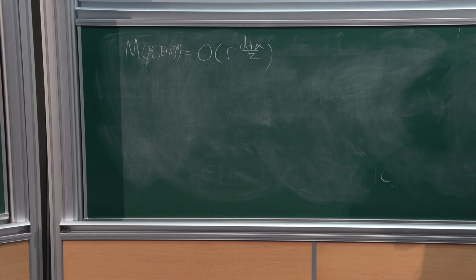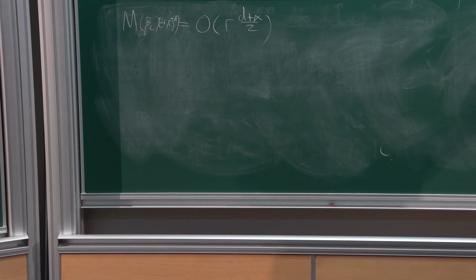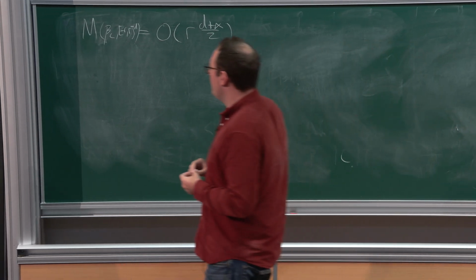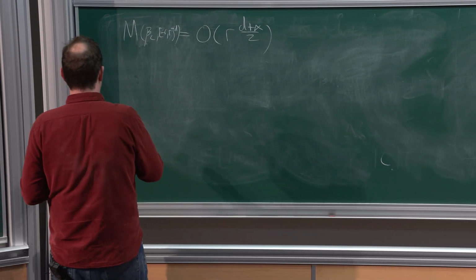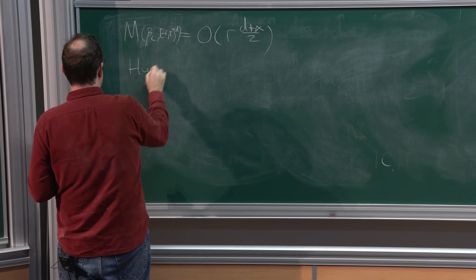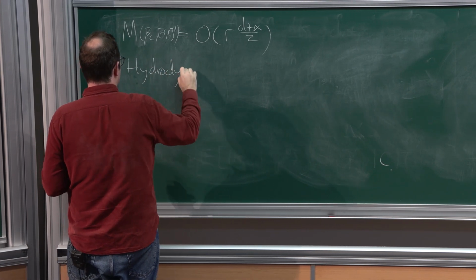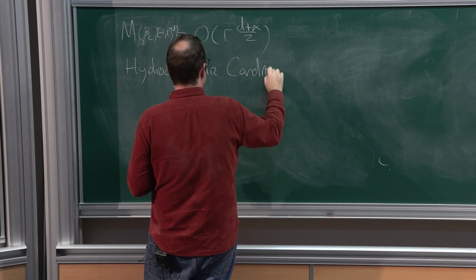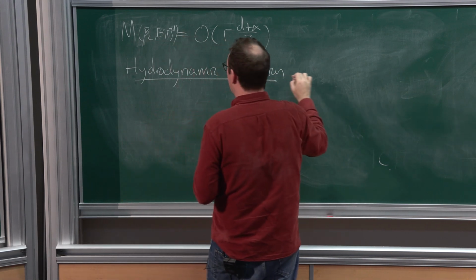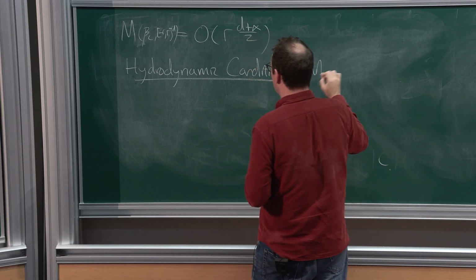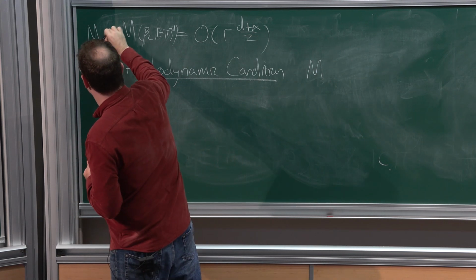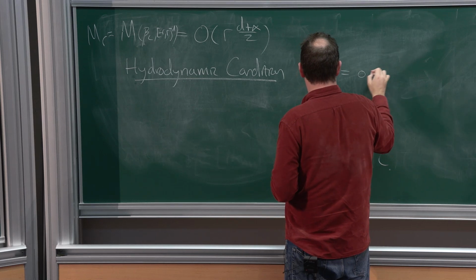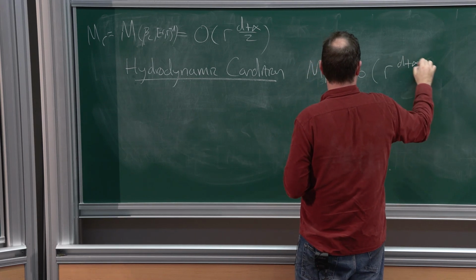Okay? And basically, what I show is that, so we call the key definition what I call the hydrodynamic condition, which is that this quantity, let me just call this MR, is little o of this upper bound.